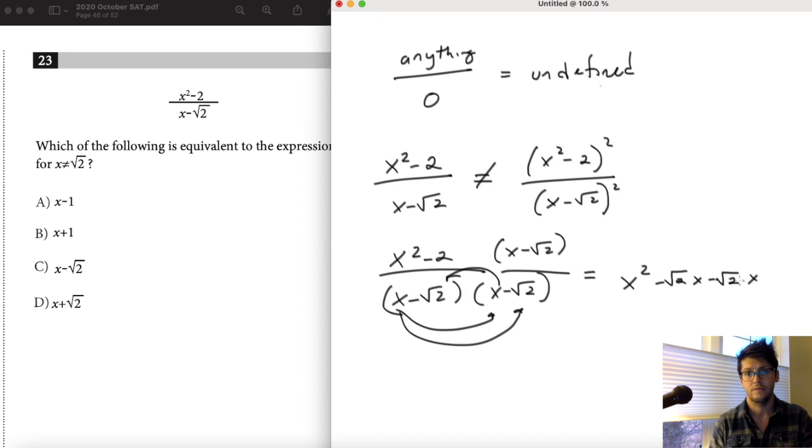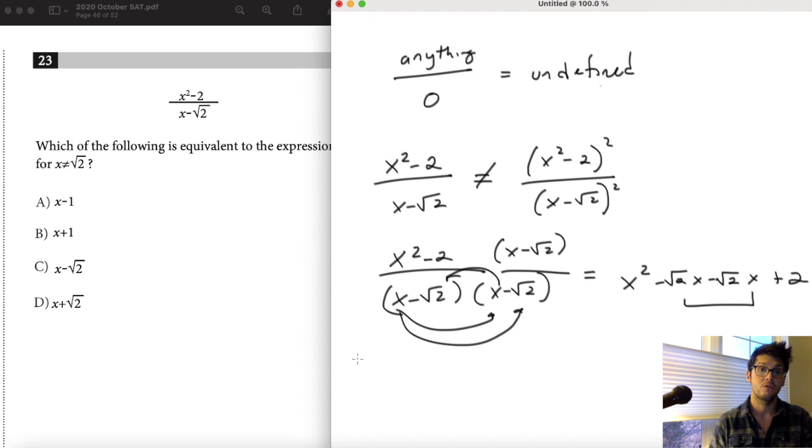It doesn't really matter for our purposes. Then you would get negative root 2 times negative root 2, which is positive 2. Root 2 times root 2 is just 2. But look, you have these negative middle terms. You'd end up with negative 2 root 2 x, which is no better than you were before.